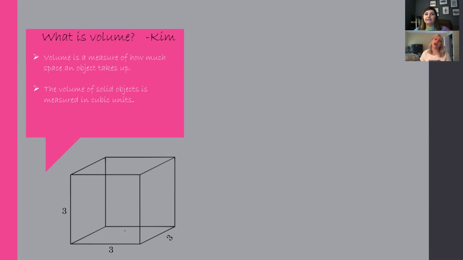So, I had a little visualization here of a cube. And you see we have three sides of threes. And so back to what we were saying, all dimensions must be in the same units, whether it's centimeters cubed or centimeters squared, all dimensions are in the same units. We see that we have three sides of three, so we're just going to easily multiply those.